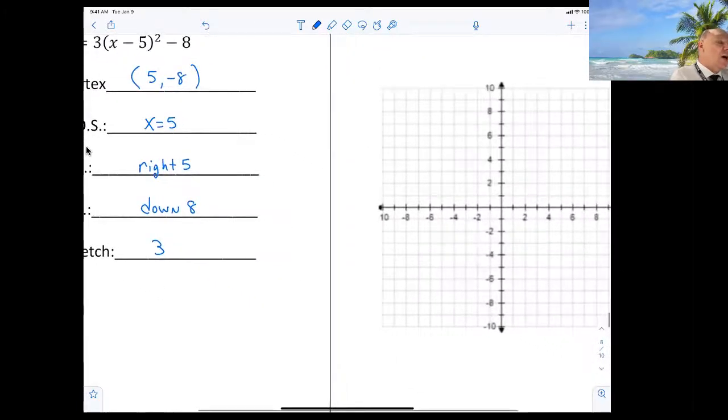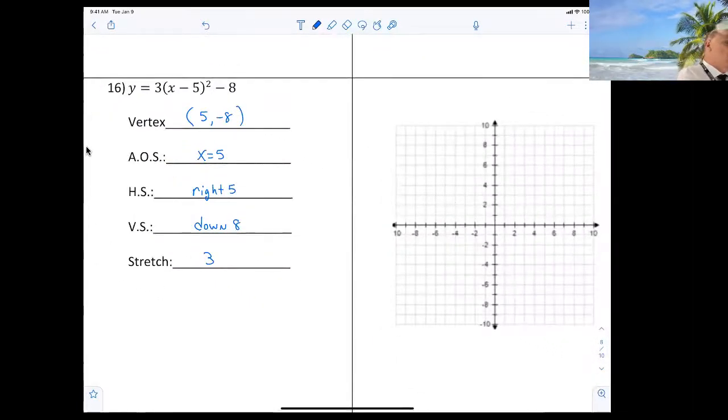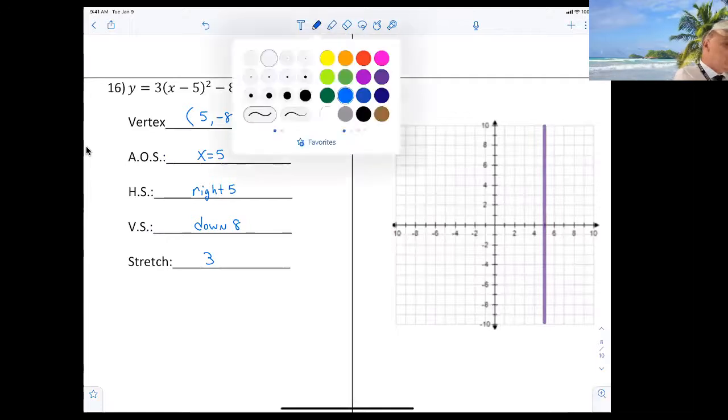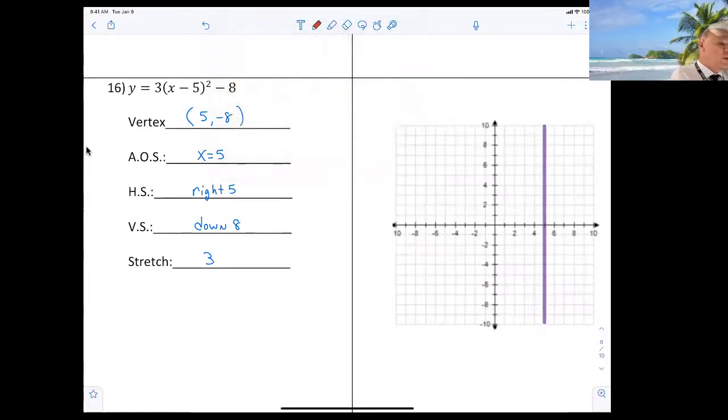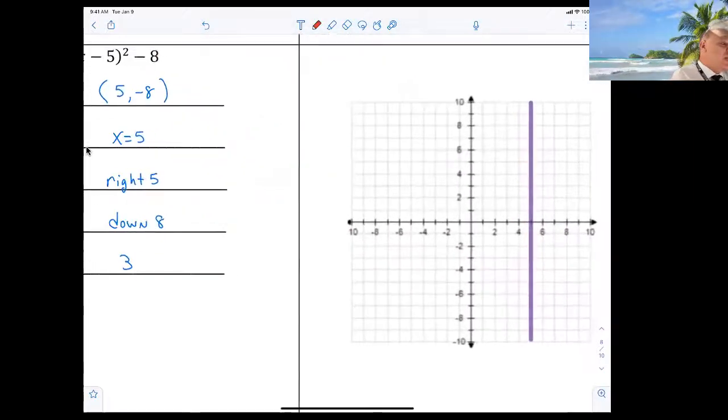All right, here we go. So now we're going to graph x equals 5. Then graph 5, -8.